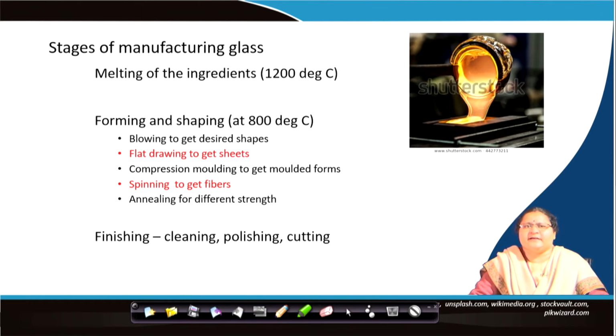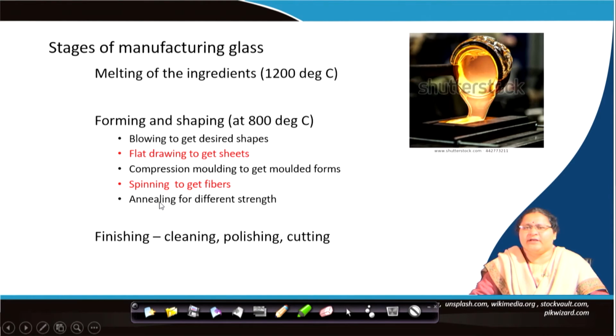Now, after that is the stage of forming and shaping. It will be a viscous material coming out, and then at a temperature of 800 degrees centigrade, there are a number of ways you can form it.